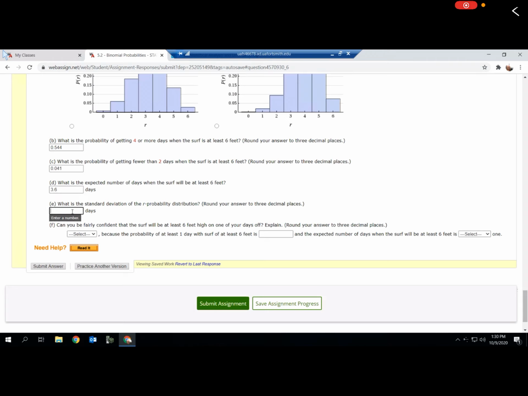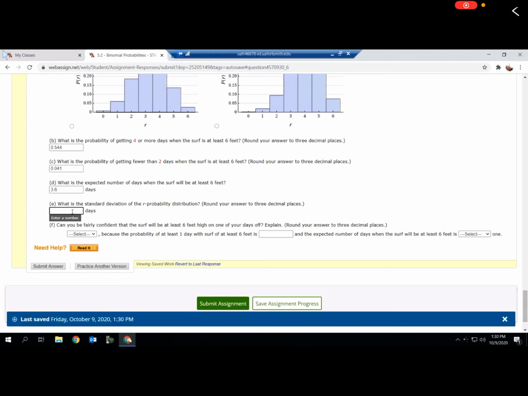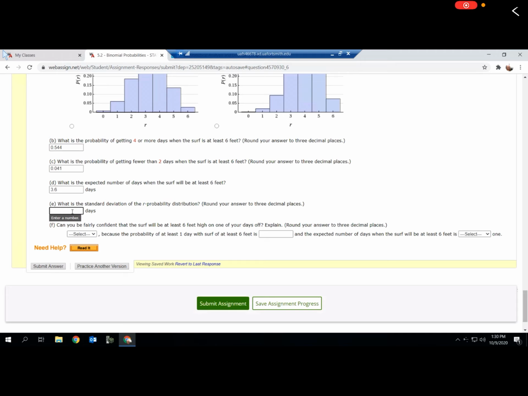Standard deviation, that is the square root of NPQ. All right, so if P is 0.60, that's success, then 0.40 has to be failure. And so we're going to take 6, and we've got a square root. So sigma is equal to the square root of NPQ.